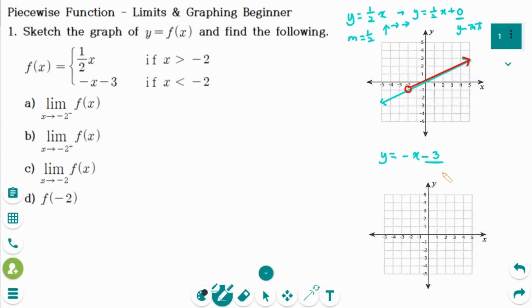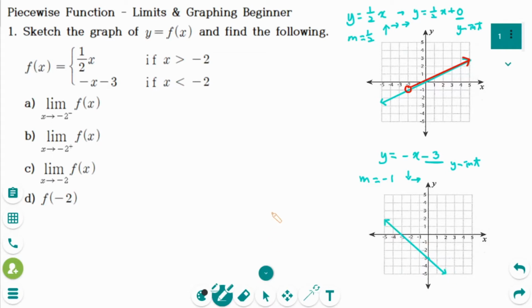So the y-intercept is -3 and the slope is -1, which means 1 down and 1 to the right. So start with -3 and 1 down, 1 to the right, 1 down, 1 to the right, like this. So the graph is this one.